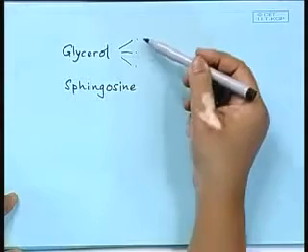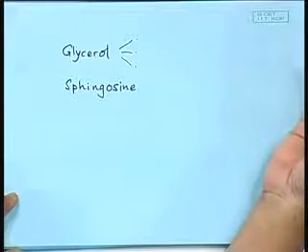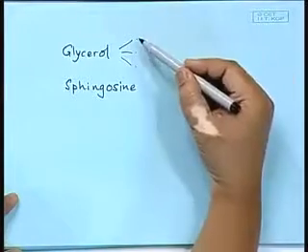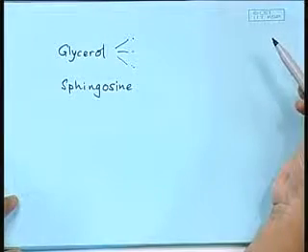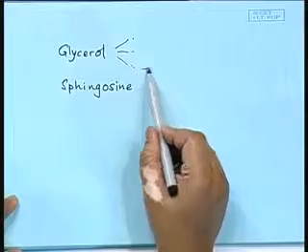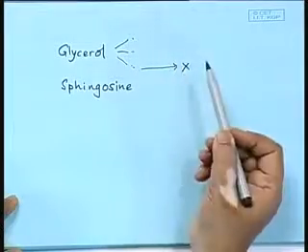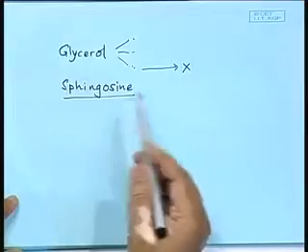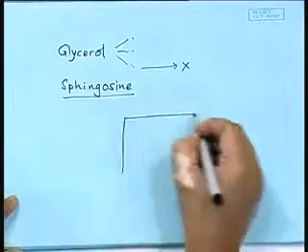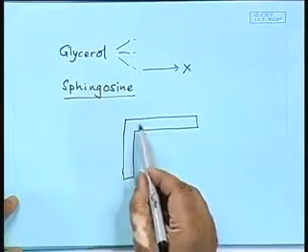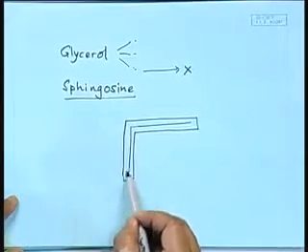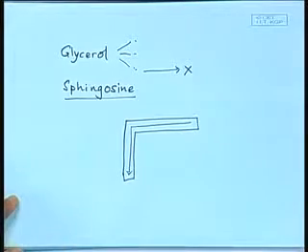right? If 3 of them are fatty acids, you have a triglyceride. If 2 of them are fatty acids and 1 a phosphate, you have a glycerophospholipid. If that phosphate is attached with another X, you have a series of lipids. In sphingosine, you have a different type of shape like that, because you have a long carbon chain in the structure of sphingosine itself.